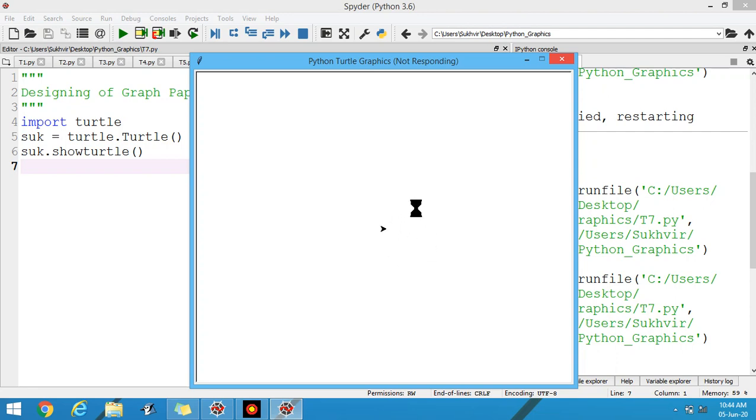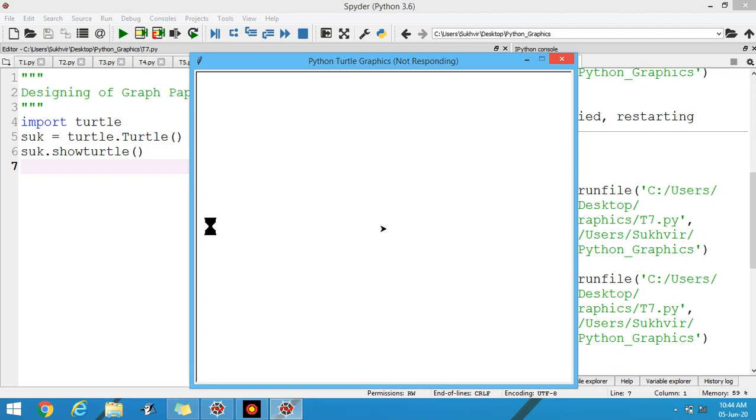To move the cursor or turtle to this point, we have to use pen up. In the first step, we can set pen up. Then we have to move the turtle at an angle of 180 degrees up to this distance.